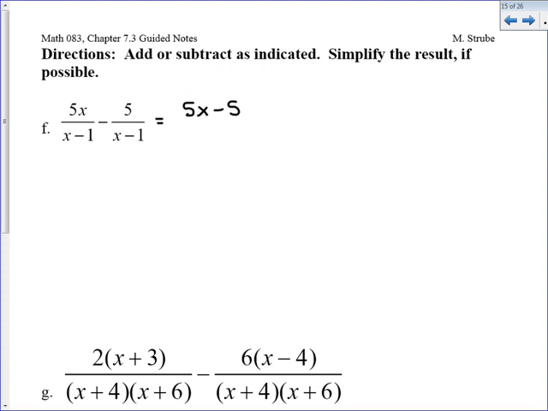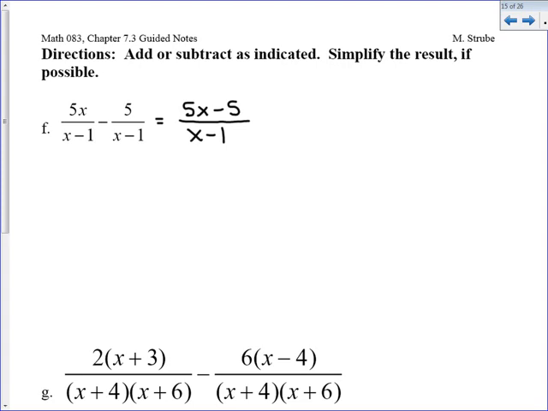And the only reason I'm not using parentheses is because I have monomials. And it's all over my common denominator. So first step, make one fraction. My second step was always combine my numerator.